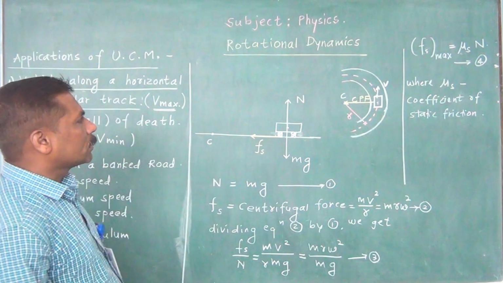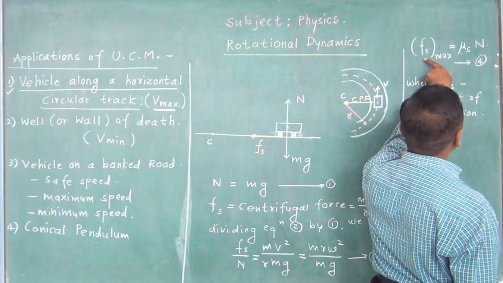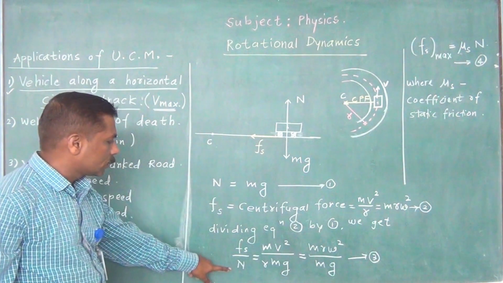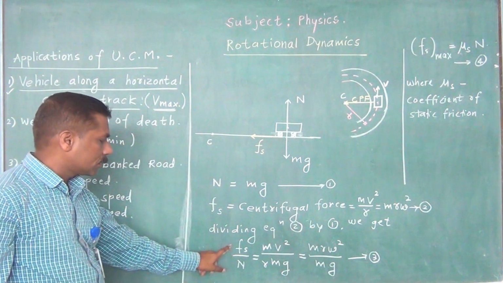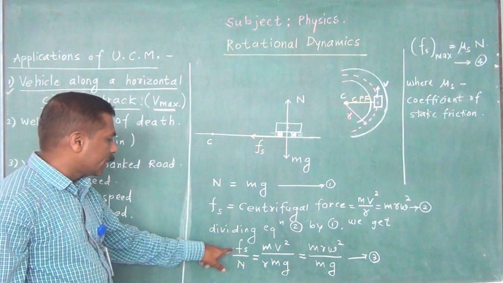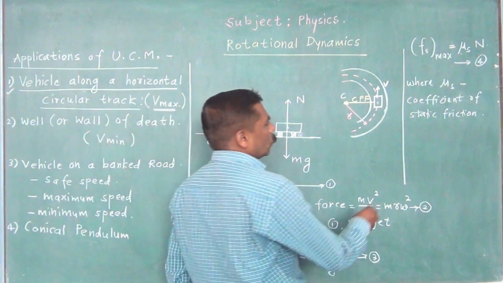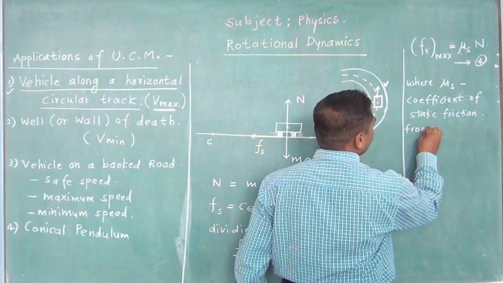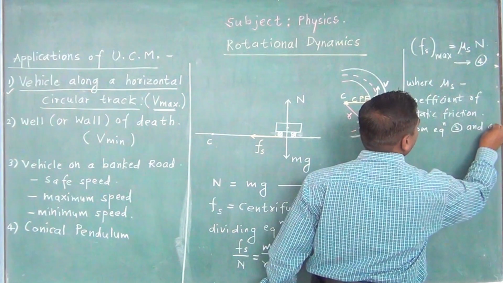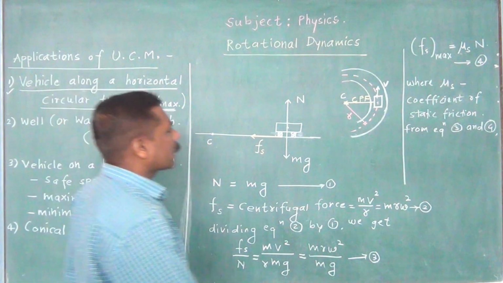So from equations 3 and 4, if I take the ratio, Fs max upon n, you can put the value of mu s here. So the first ratio I will make equal to mu s, and here we can write Fs max and here we can write Vmax. So from equations 3 and 4 what can we write?